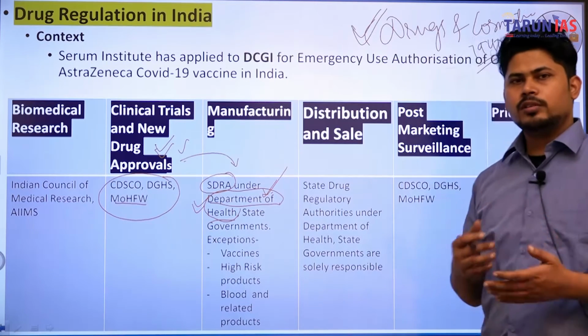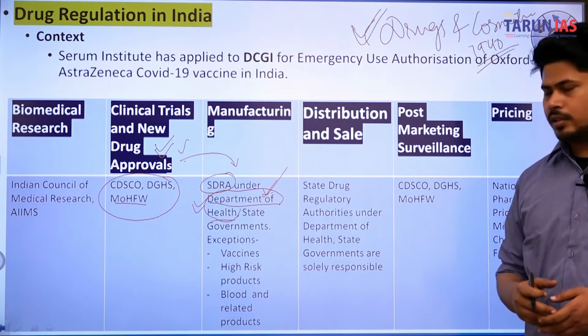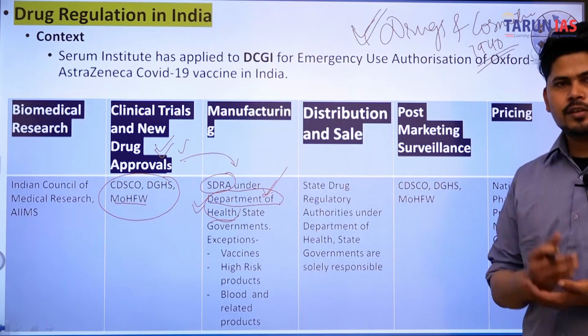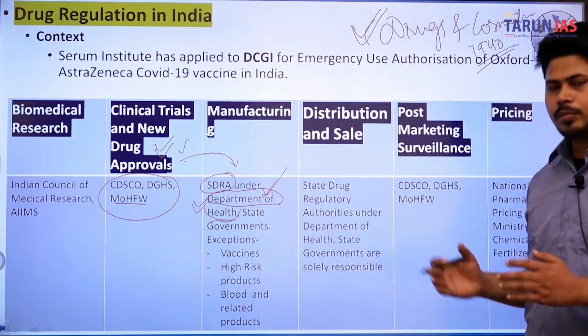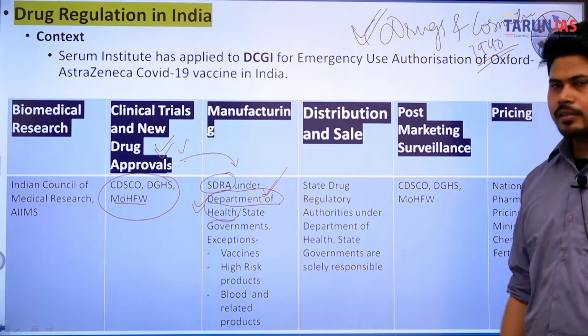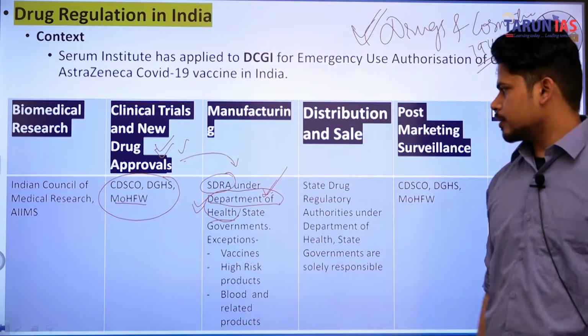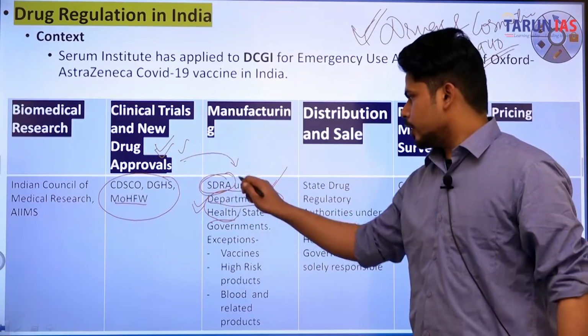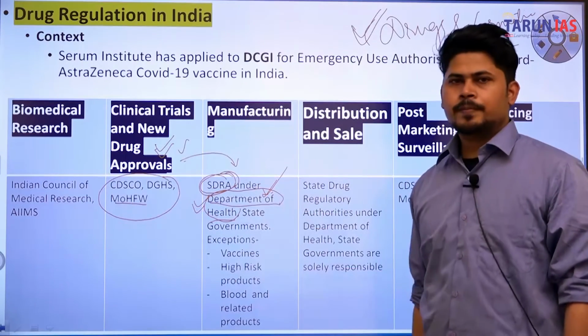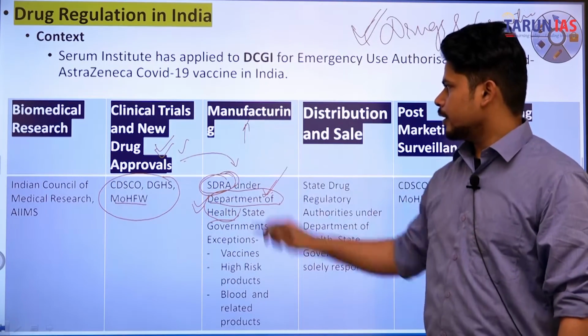You also need to learn the structure of governance of the country. Once you are well versed with governance, it will not be a tough job to remember all these things. State drug regulatory authorities can control drug manufacturing.